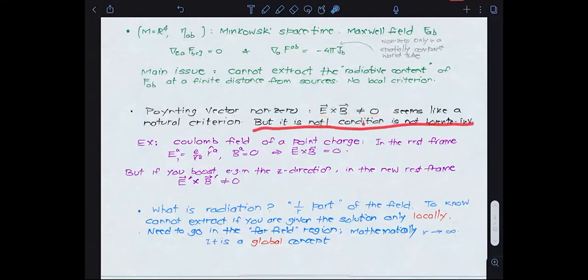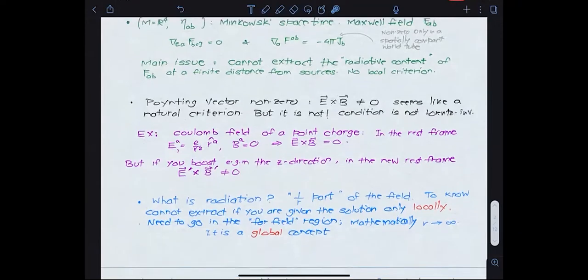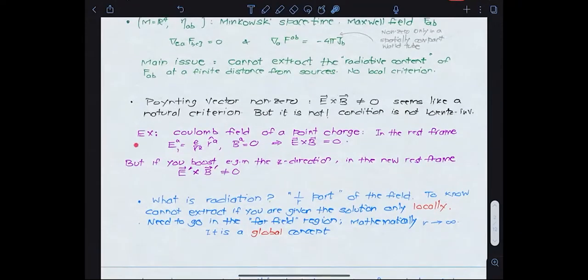This condition is not invariant under Lorentz transformations. So for example, you can take just a point charge sitting somewhere on the table. In the rest frame of the charge, I've got an electric field and a magnetic field. The magnetic field is 0 and the electric field is just a Coulomb field, the charge over r squared times r hat.